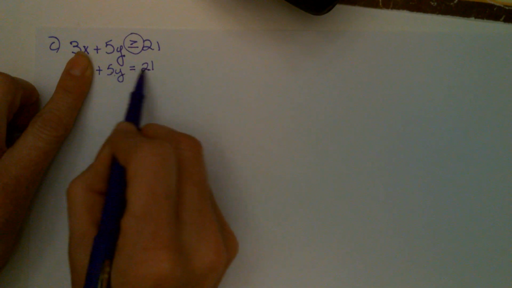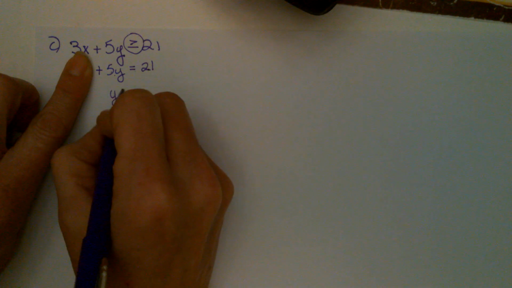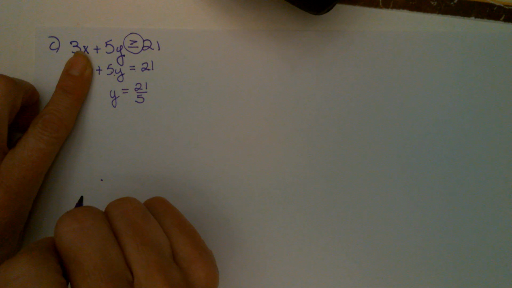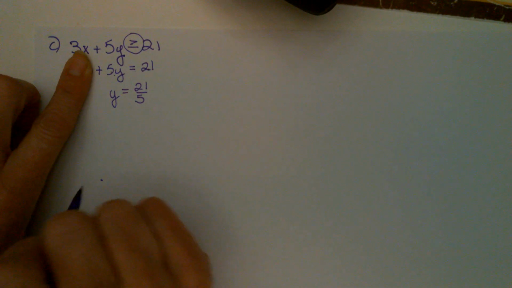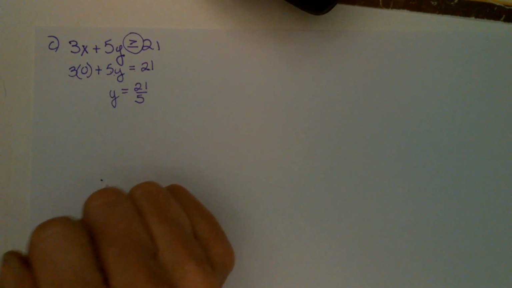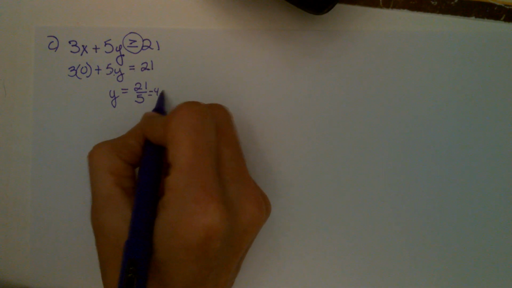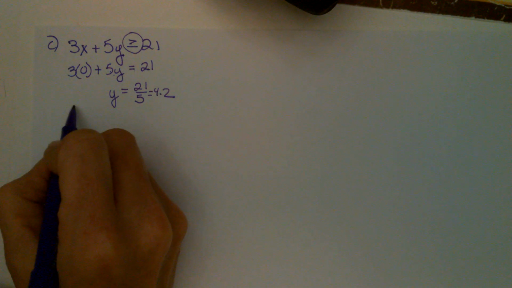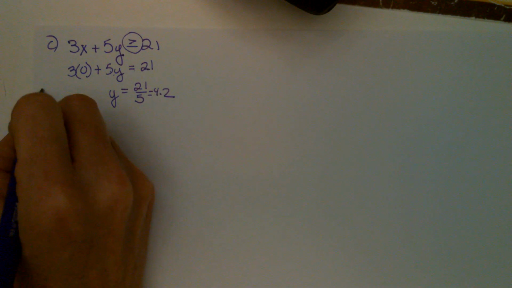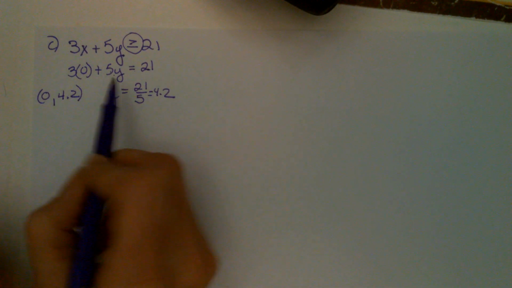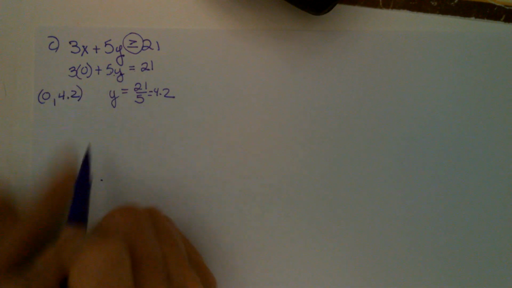I just divide both sides, and I get that y is equal to 21 divided by 5. Using my calculator, because I don't want to do that math, I get that y is equal to 4.2. So my first point that I can graph is (0, 4.2). Now I'm going to make y equal to 0.